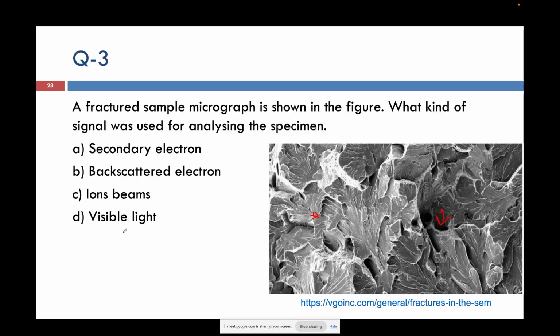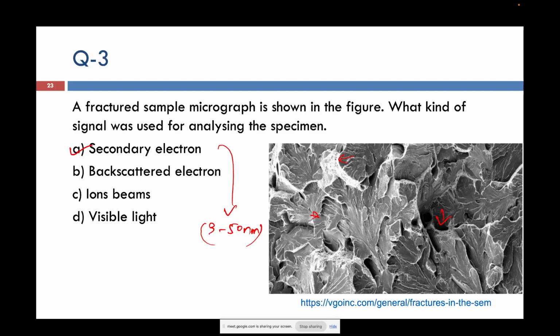So secondary electrons are the correct answer, and the secondary electron generally comes from a 3 to 50 nanometer layer. Means they come from the top of the surface, and due to the variation in height difference, we get a little bit of contrast. As you can see here, this region is a brighter region.